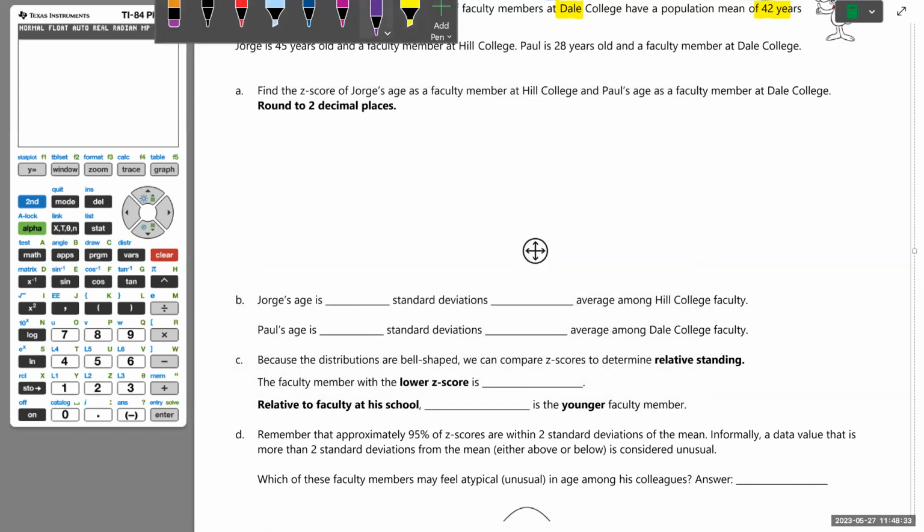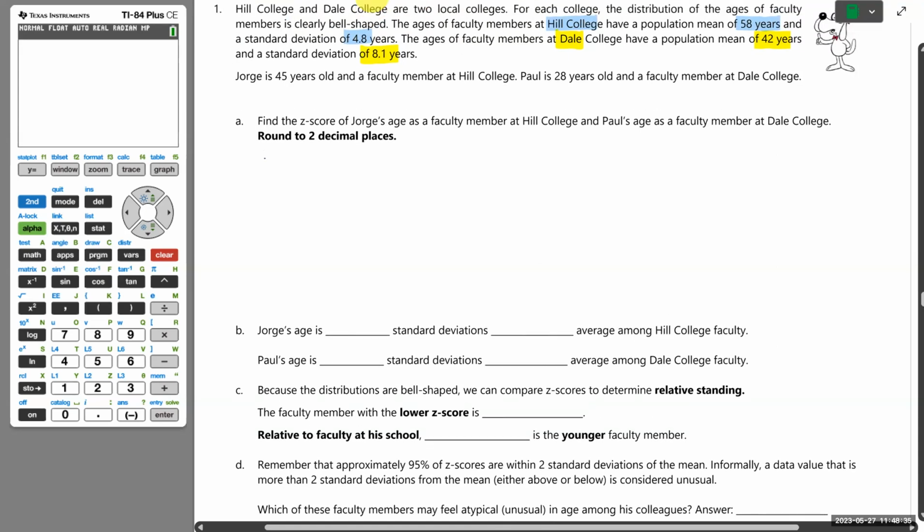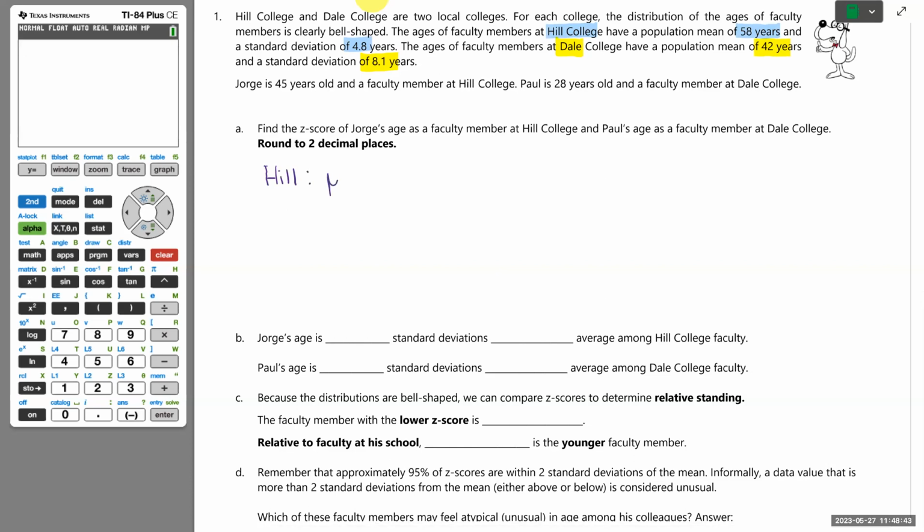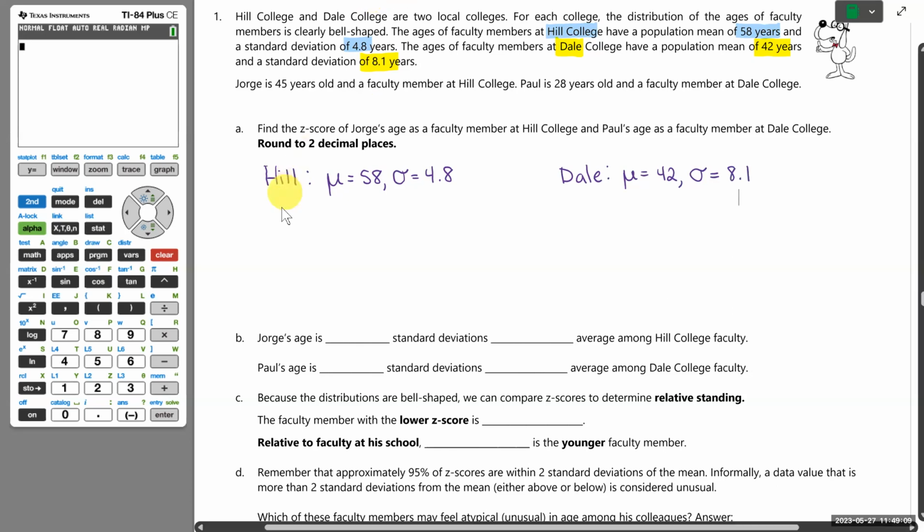So what we'll do here is start with just summarizing some information. So let me start with the values for Hill College. All right, so the population mean mu, 58 years, and the population standard deviation, 4.8. And then I'm going to come over and look at Dale College. At Dale College, the population mean age was 42 years with a population standard deviation of 8.1 years.